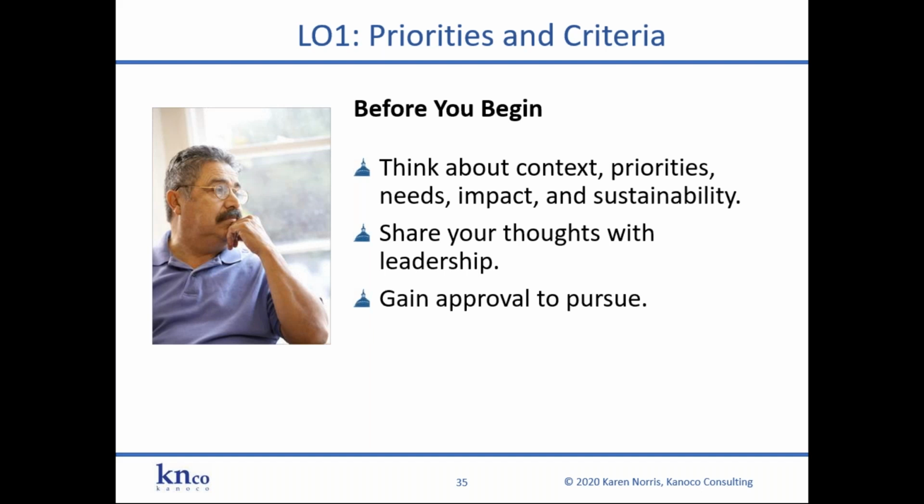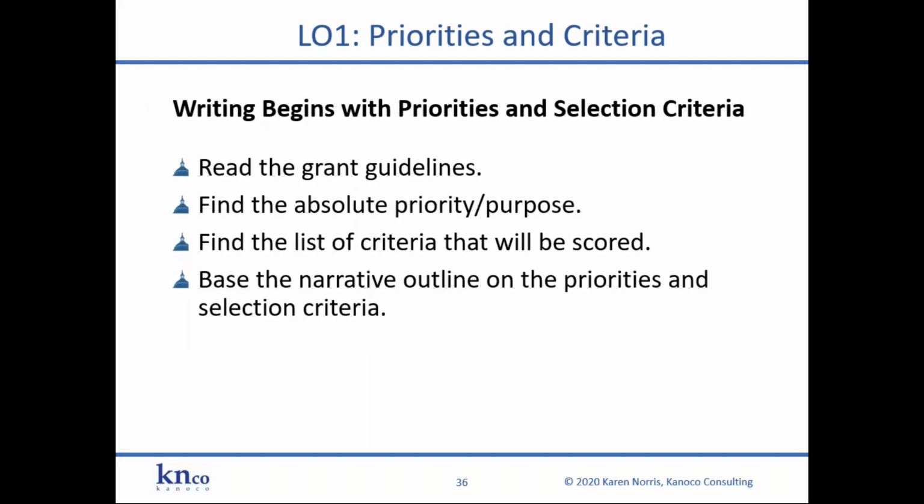And is there any part of it that can be sustained afterwards? Share your thoughts with leadership and make sure you gain approval to pursue your application before you start getting too deep into it. So writing begins with priorities and selection criteria.